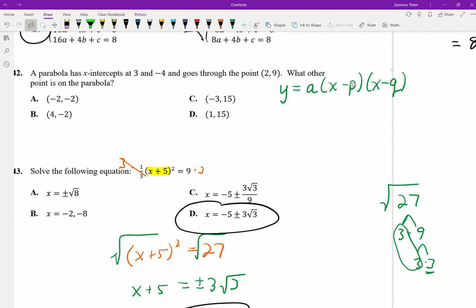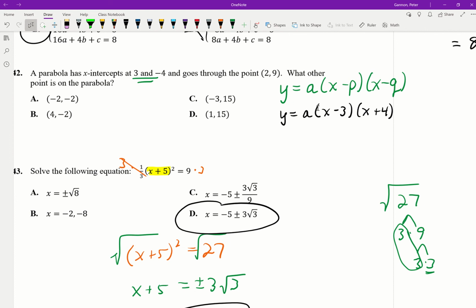Here's your a. X minus p is a factor. X minus q is a factor. The x-intercepts right here are going to help us identify those factors. So it would be x minus 3 in order to get a x-intercept of 3. And it would be x plus 4 to get a x-intercept of negative 4.